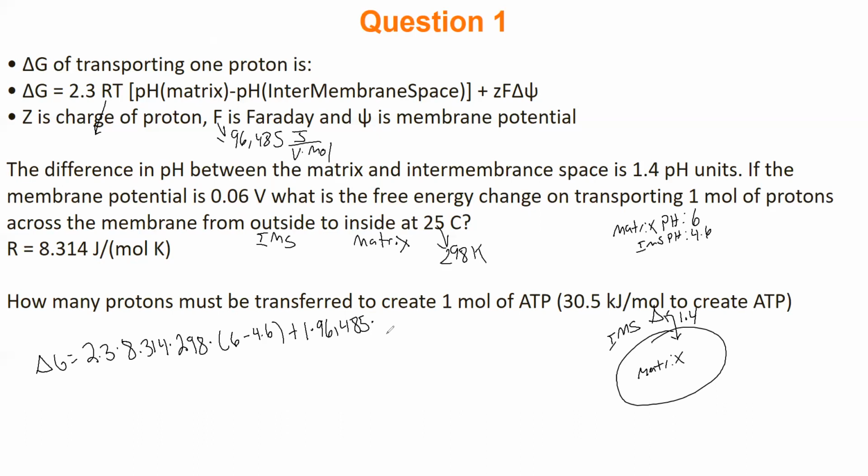Okay, so the membrane potential is 0.06. Again, we said that outside is positive, inside's negative. So I'm moving from positive to negative. So the overall charge is negative 0.06.